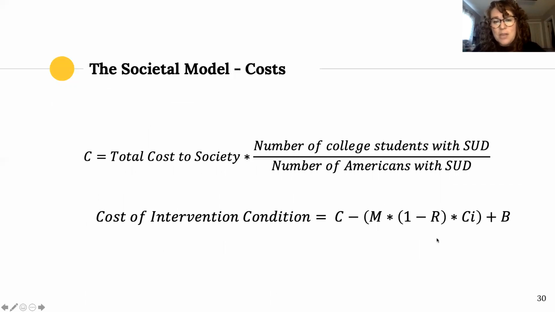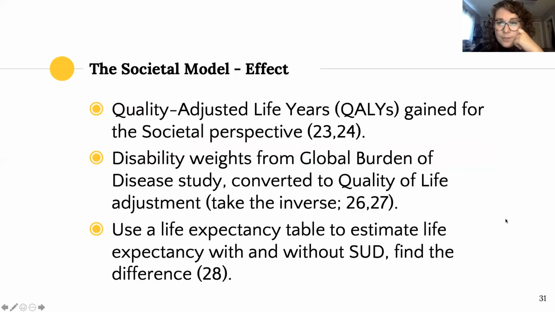So we've got our membership, we're taking into account the relapse rate, and that's an incremental cost, so cost per person essentially. And then we're adding back in the CRP budget. So we're taking into account the average budget of a CRP as well.